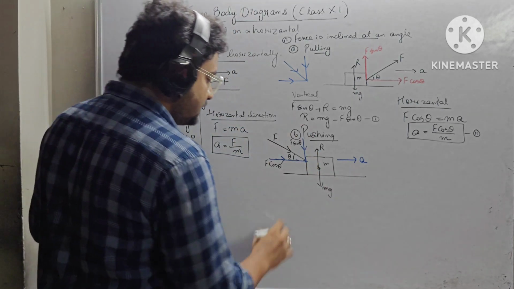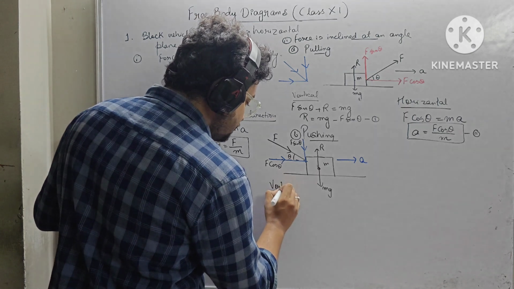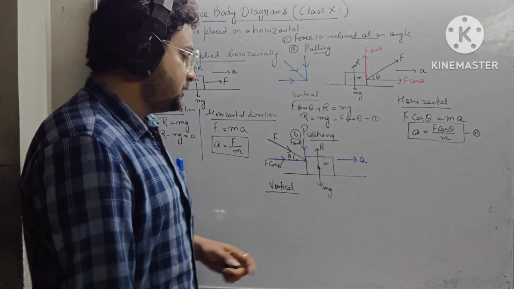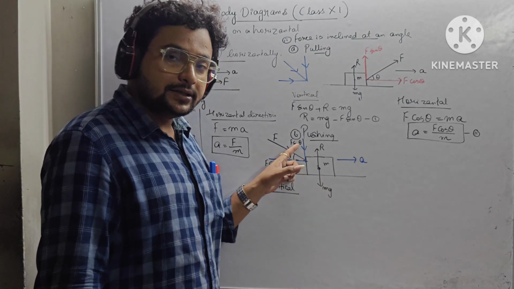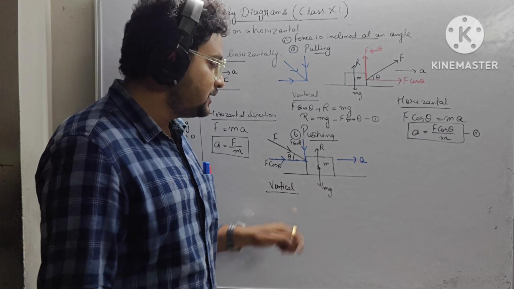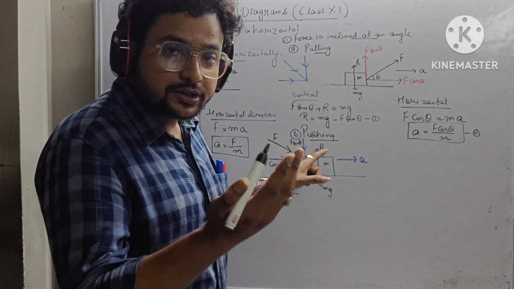So first let us see the vertical direction. Mg and F sin theta are acting in the same direction, and R is acting in the opposite direction.